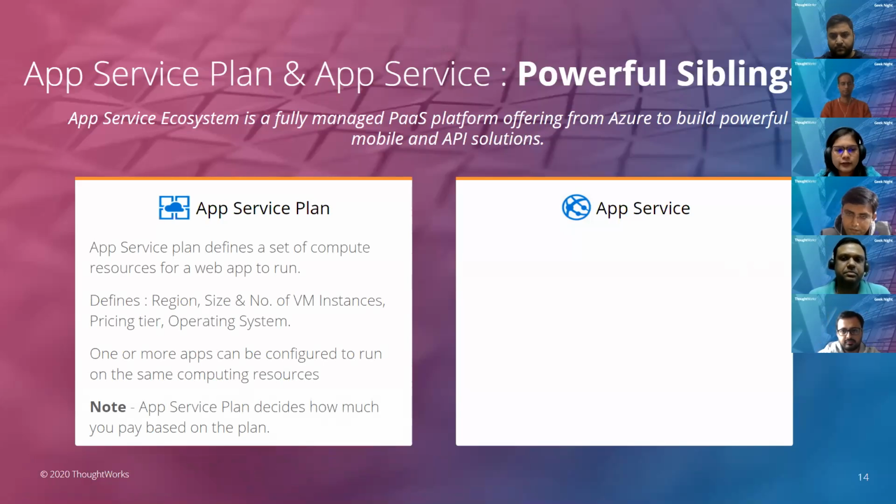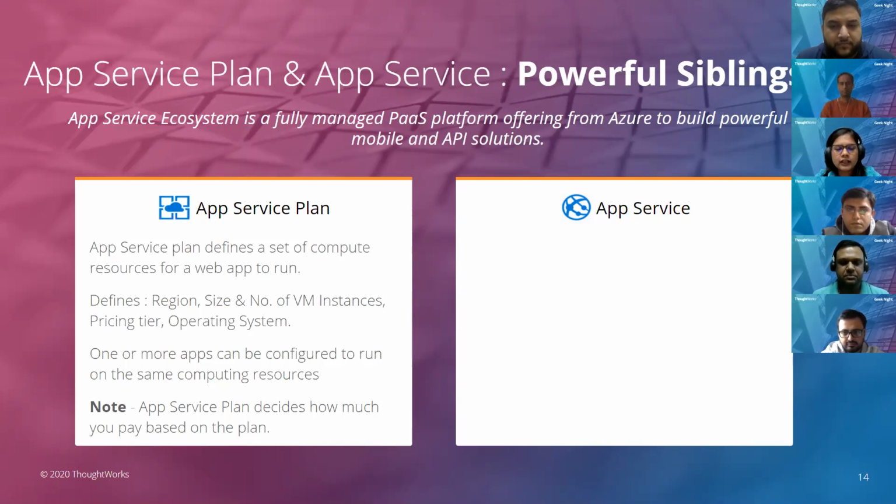When we talk about resources, it can be the size of your container. It can be whether you want an 8 GB machine or a 16 GB machine. So what size do you need for your application to run on? How many instances of your application you want to run, which OS you want to run with, and which region you want to deploy your app service in. So all these features, all these resource definitions, are defined by the app service plan.